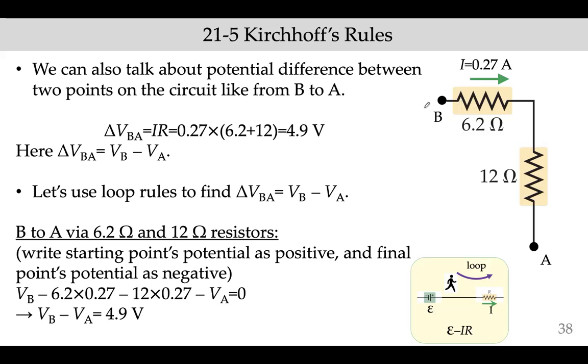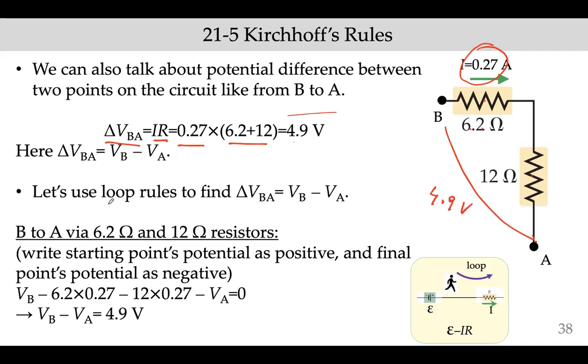So the potential difference between B and A will be current times resistance. Current is 0.25. The resistors are in series, so the resistance is 6.2 plus 12. If you do the multiplication, the potential difference is 4.9 volts.